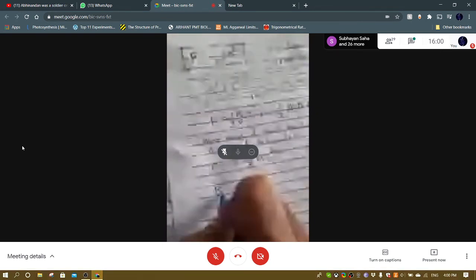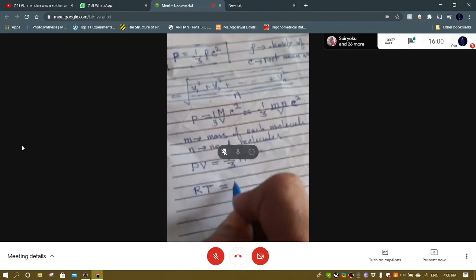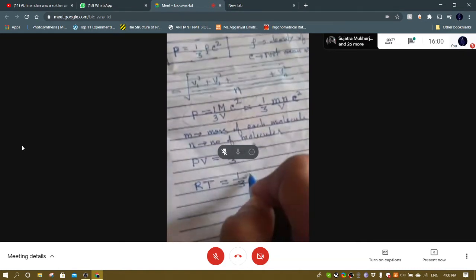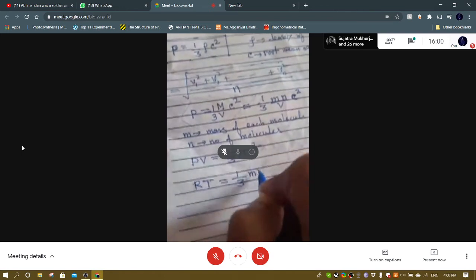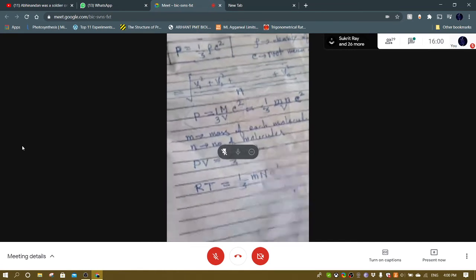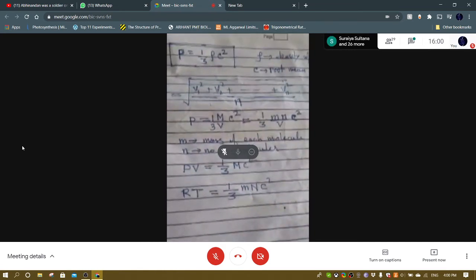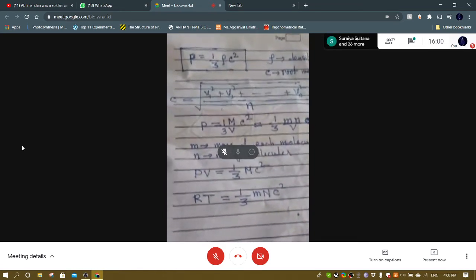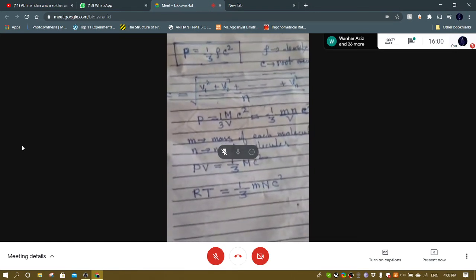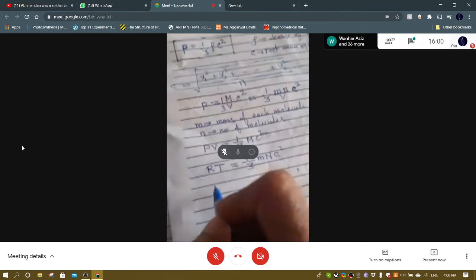So PV equals RT, where mu is 1. 1 by 3 small m into capital N. Capital N is the Avogadro's number because 1 mole I have taken.